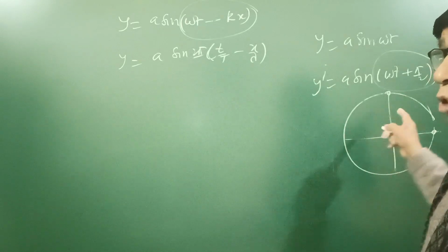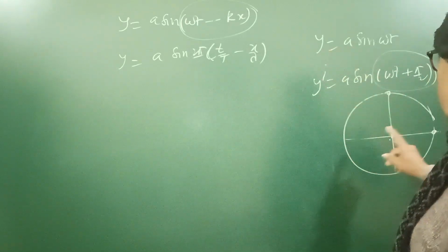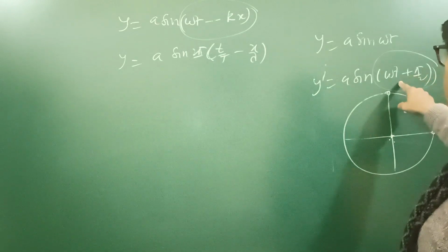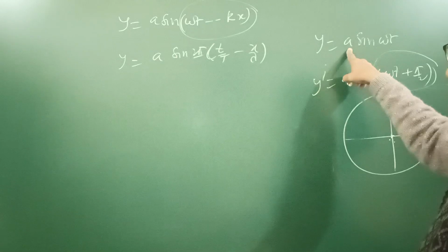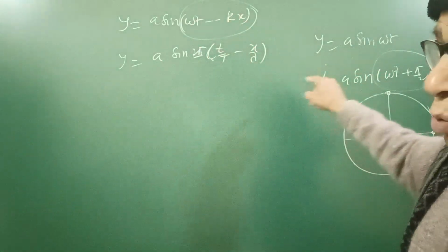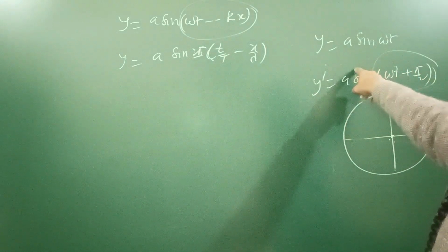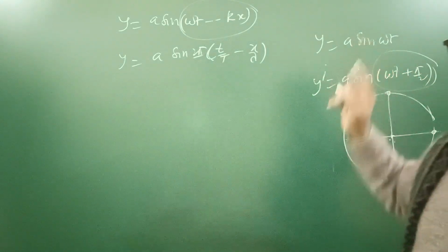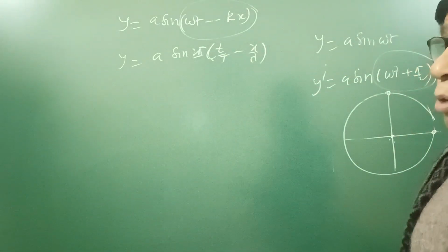At t equal to 0, y dash equal to A, y equal to 0. So y dash has gone ahead, so we say that y dash leads y in phase by pi by 2. This is also very important to understand.